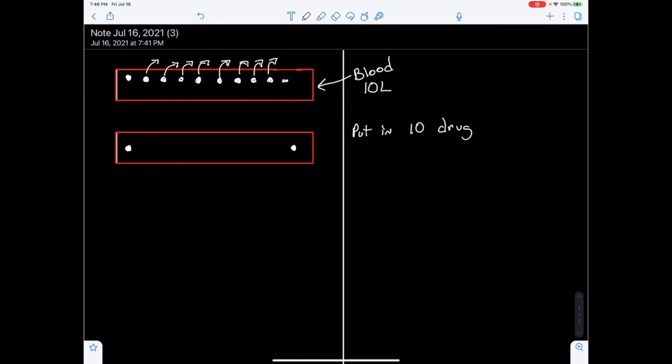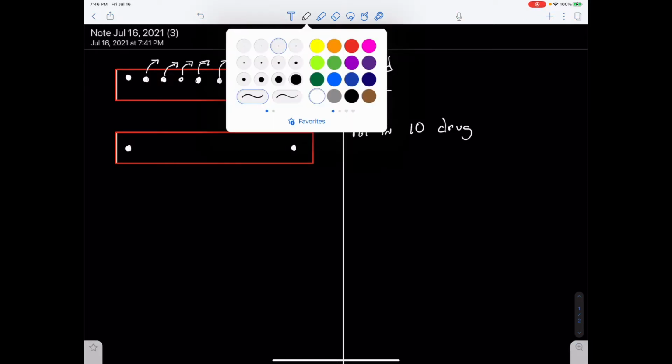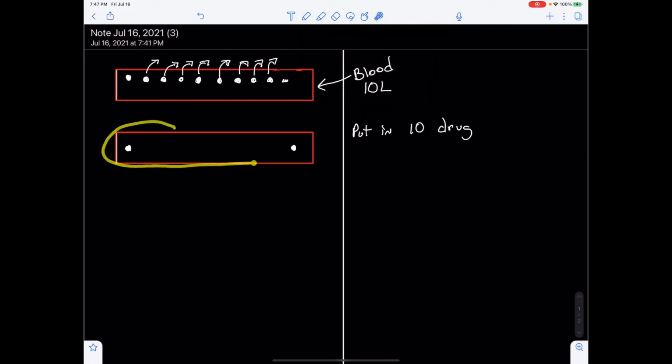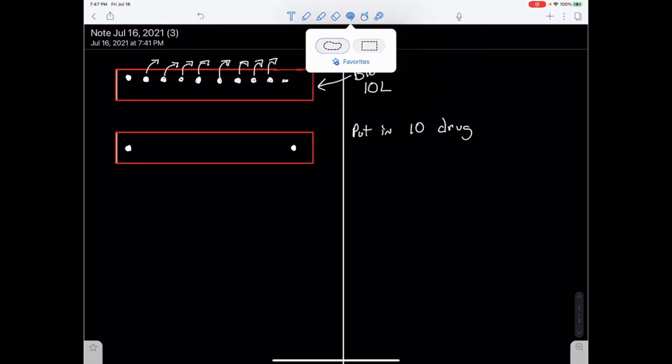But now, after some time waiting, I would look and say, well, my concentration in this blood is really, really low right now. But I already know that I put in 10.